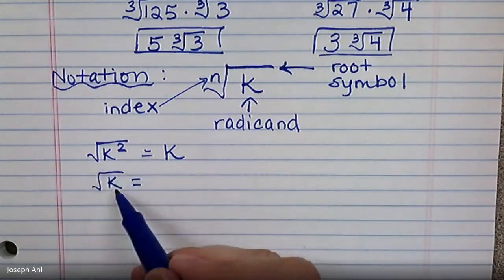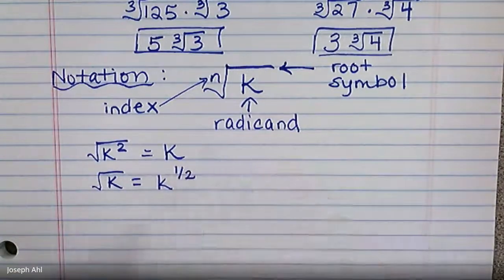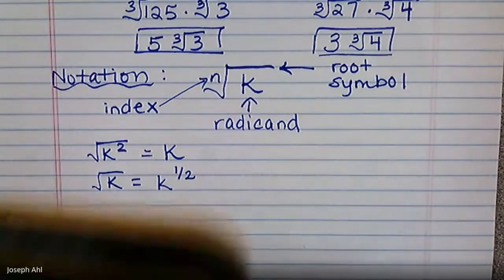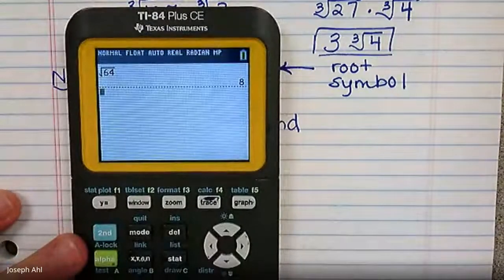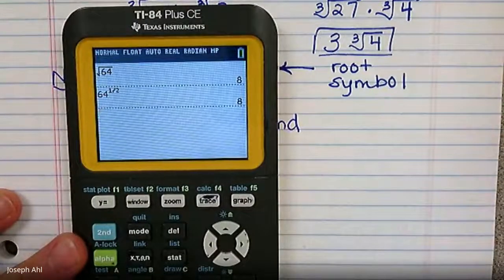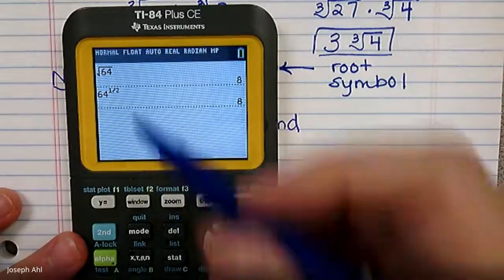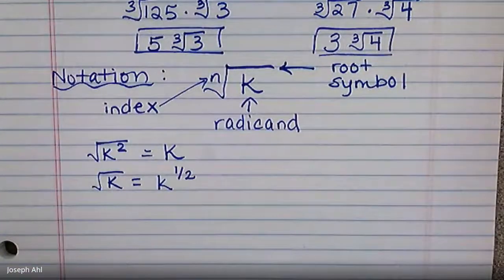If you're just taking the square root of some value k, that's the same thing as doing k to the 1/2 power. And you can check me on that. I mean, you know what the square root of 64 is, don't you? The square root of 64 should be 8. And what I'm telling you is that 64 raised to the 1/2 power is also 8. Okay, so notationally, these two things, square root, 1/2 exponent, mean the same thing.